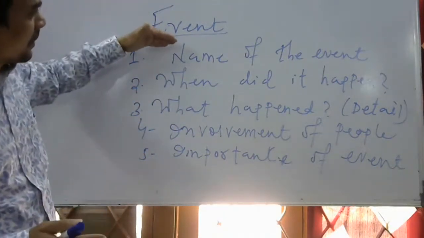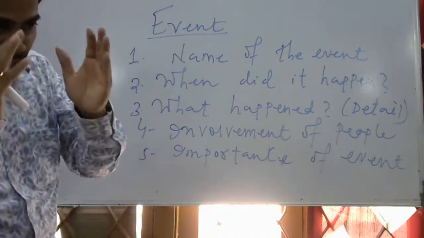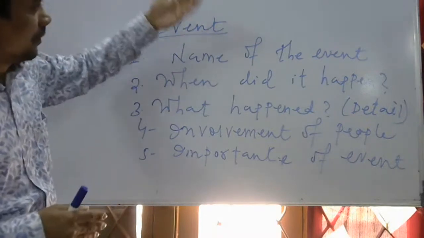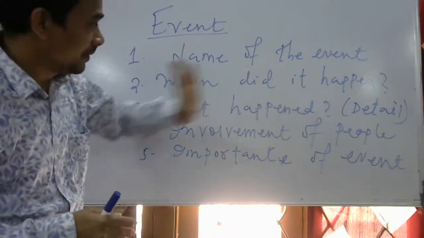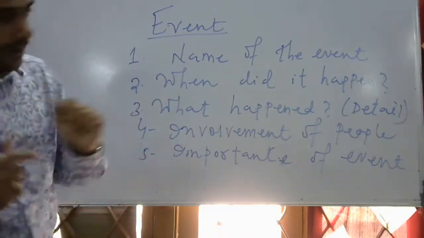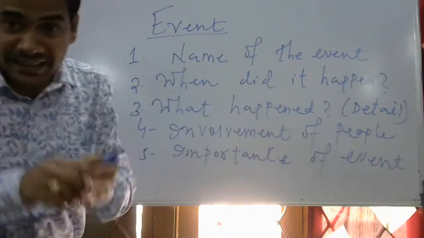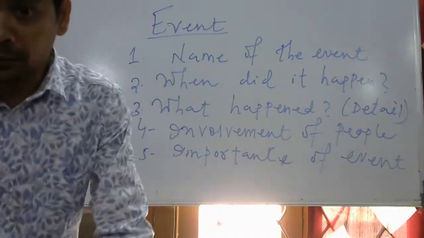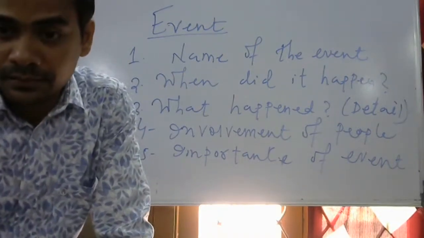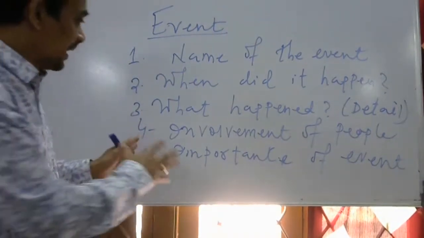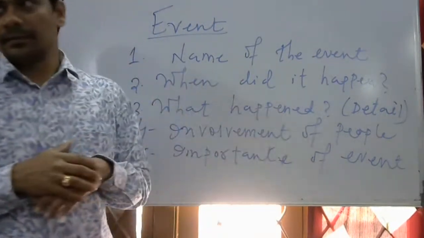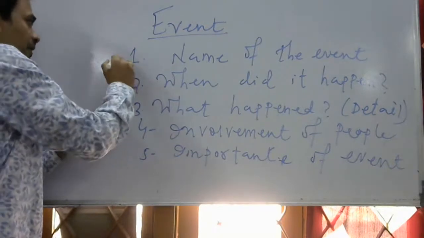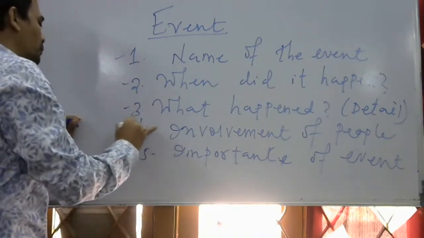Then the child should write the name of the event, then when it was organized, then what happened over there in little detail, then the involvement of people, who were invited, and then the importance of that event.